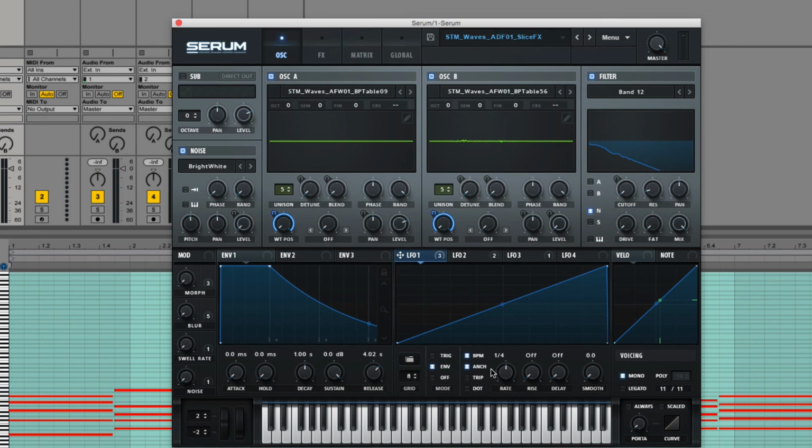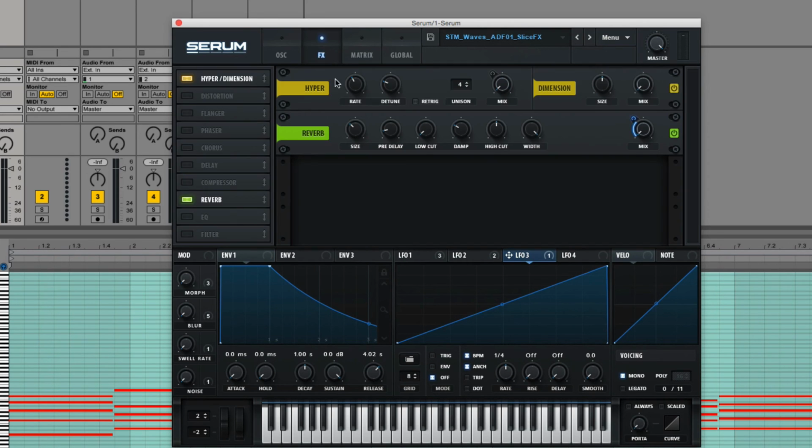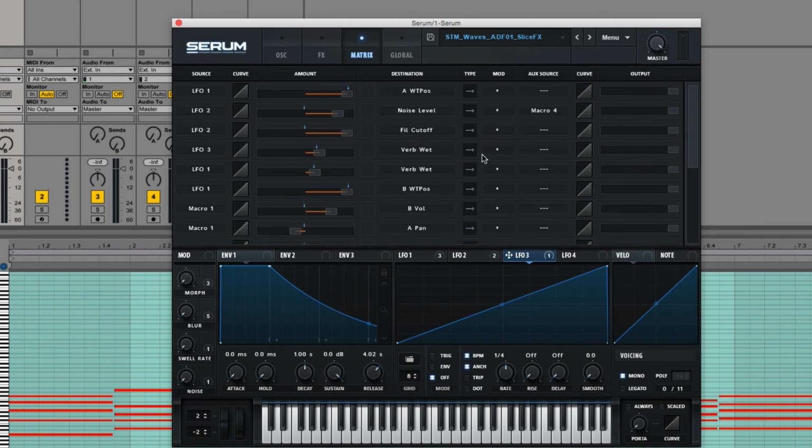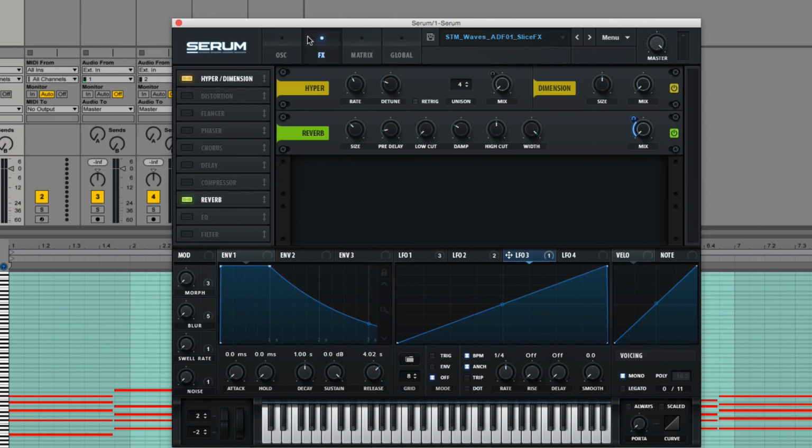This one's set on BP. You can change how long things last by changing the rate knob. I chose a quarter. This one's on the noise, and there's a swell rate knob over here that we'll go over. And finally, this LFO is on the verb too.